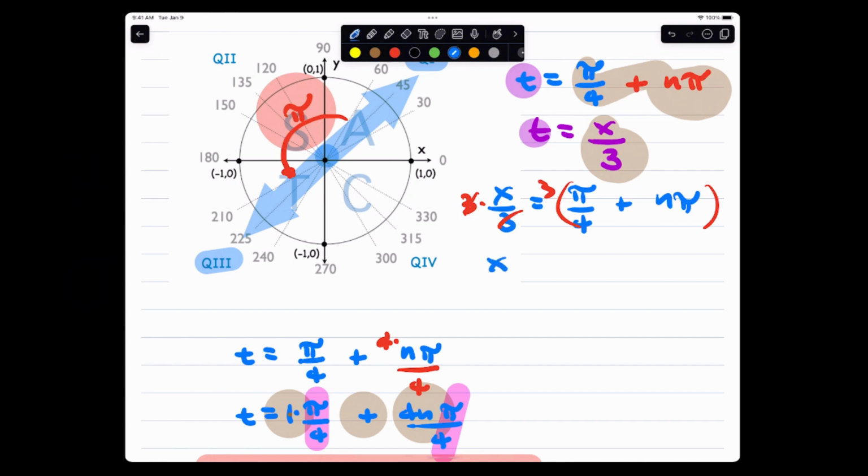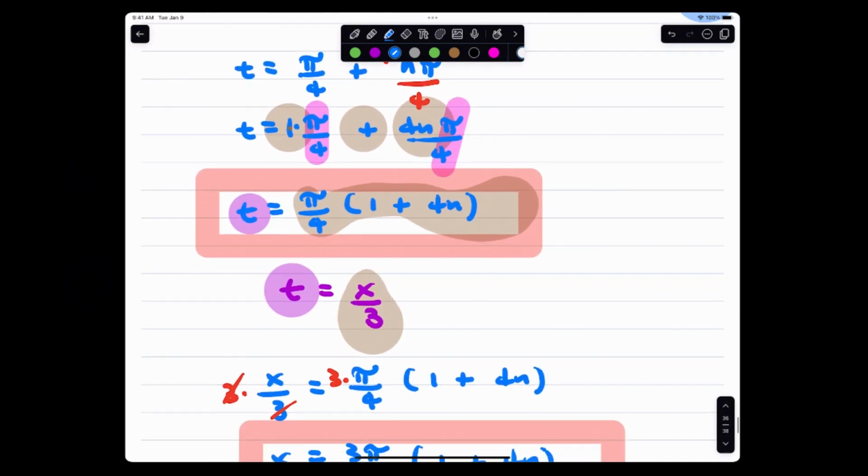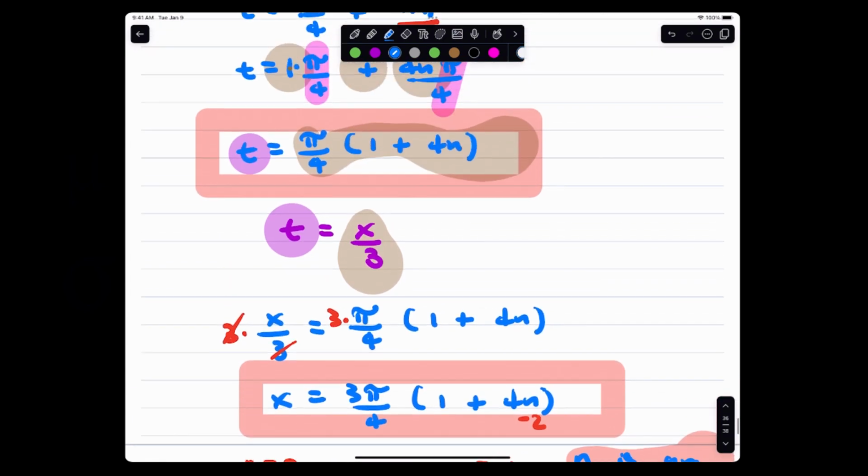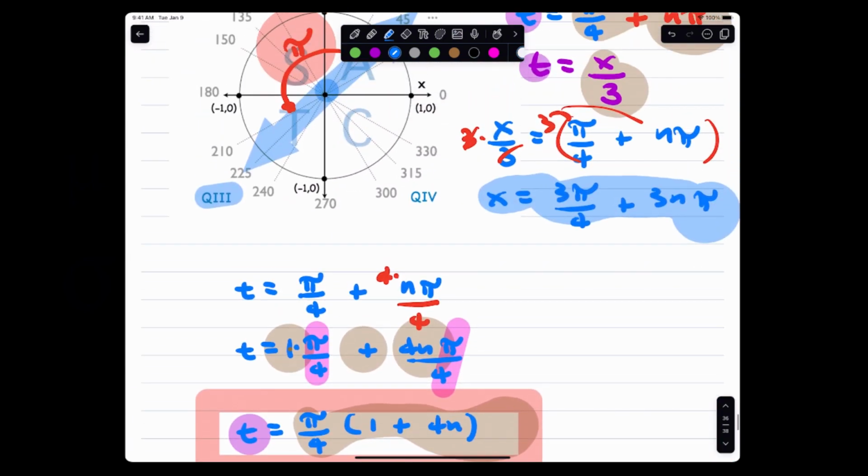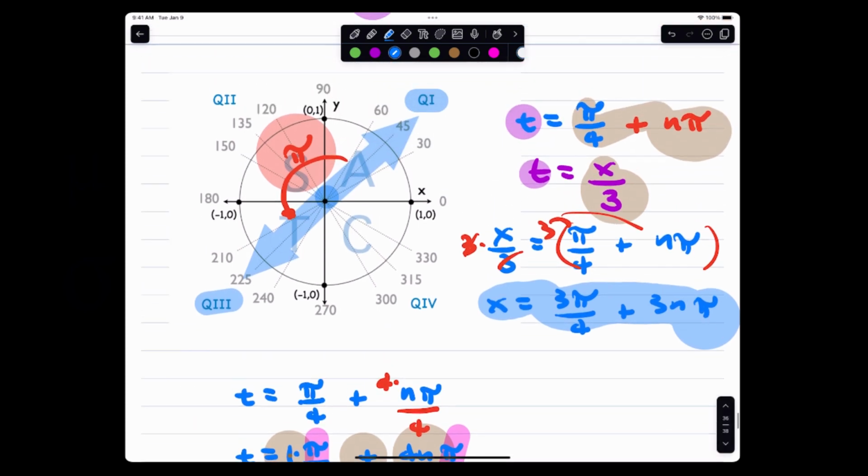You now get x equal to 3 pi over 4 plus, if you distribute that, 3n pi. And you go, where did they get this general solution? Well, that's what they did. This is a general solution. They did the substitution in the beginning.